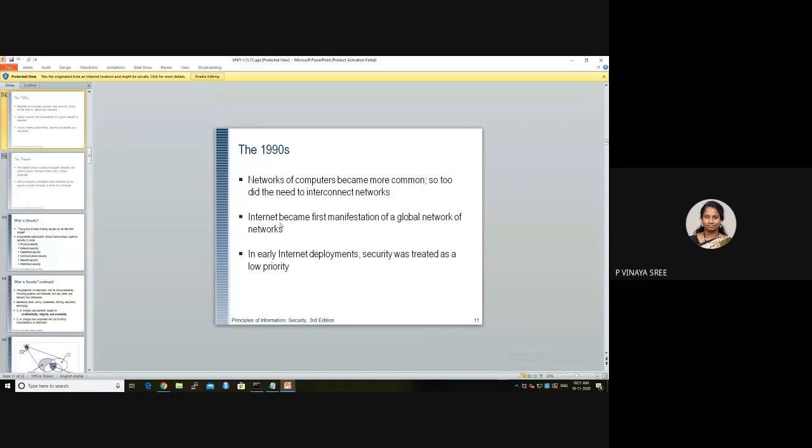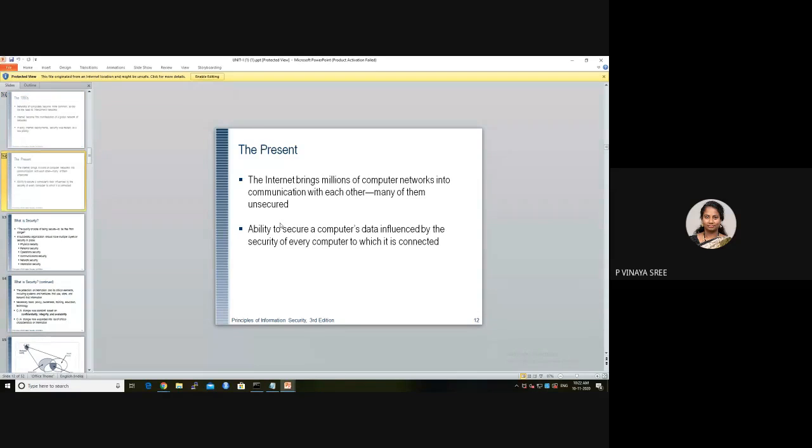Next, in the 1990s, interconnection of computer networks started. There also, security was treated as low priority. But at present, if security is not there, we cannot even trust a site.